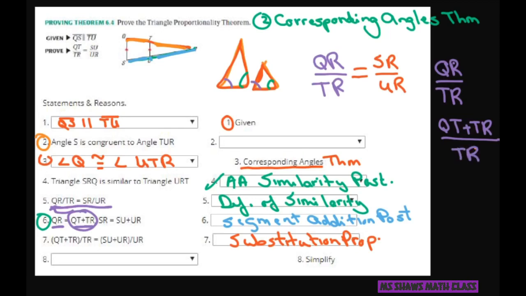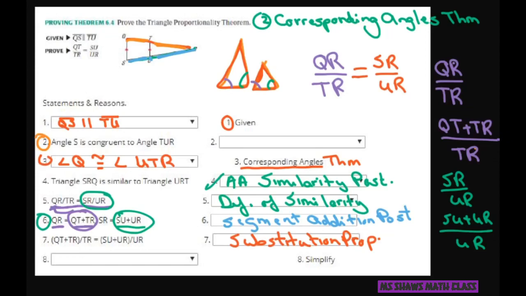And for the second one, the same thing. SR divided by UR, but SR equals SU plus UR. So we're going to write it as SU plus UR divided by UR.